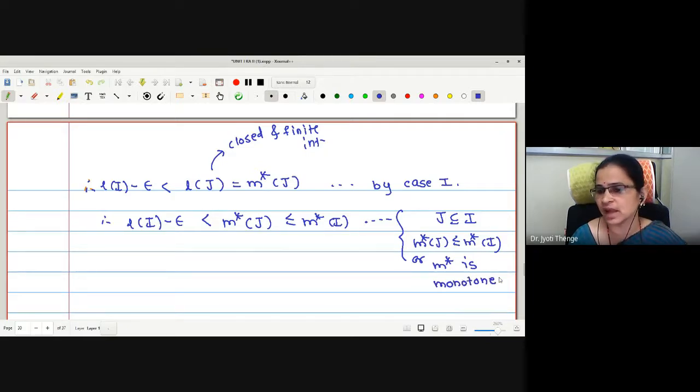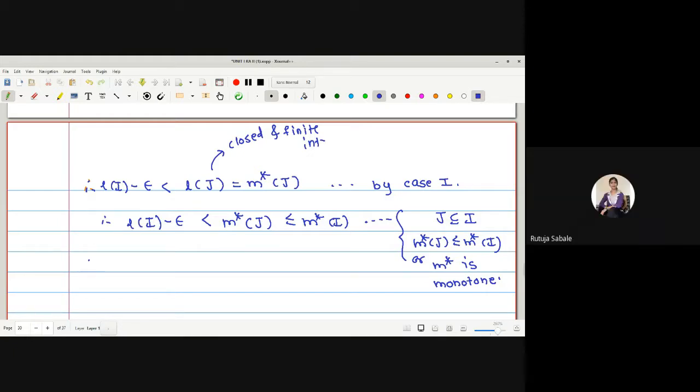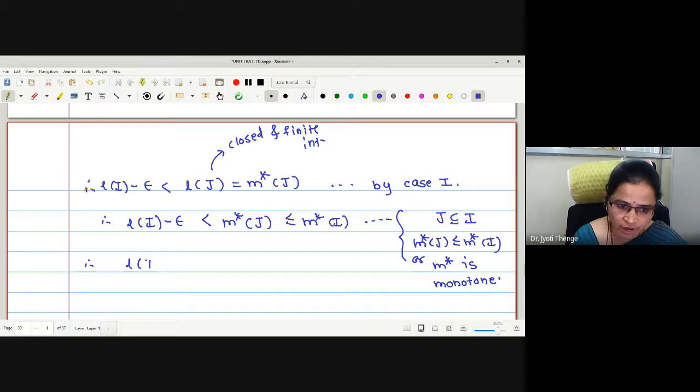We have proved it in the last lecture, no? Monotone property. Write simply L of I minus epsilon is less than or equal to M star of I. For the time being, let me call it statement number 1.